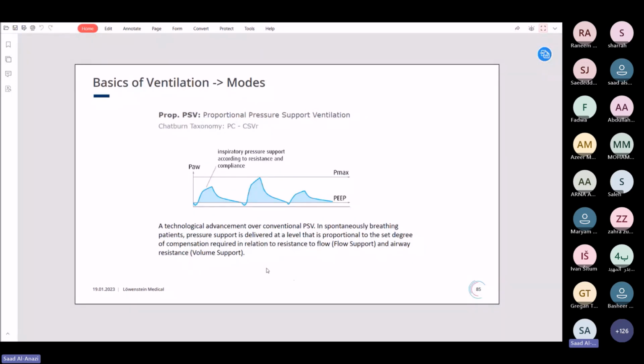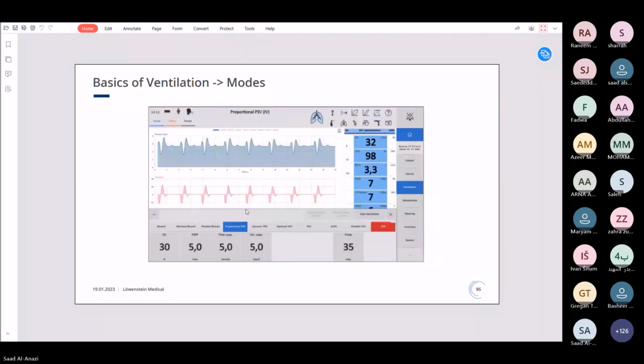That means the volume support will give you the pressure support. It's really a unique and the first mode that we applied here in our ventilators. You can see here we have the PEEP, flow support. You can suggest it and the volume support, so you can adjust it based on the patient demand.